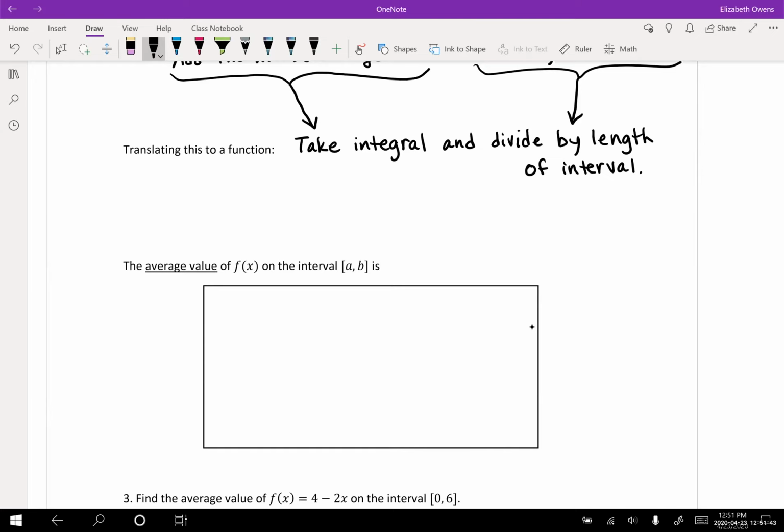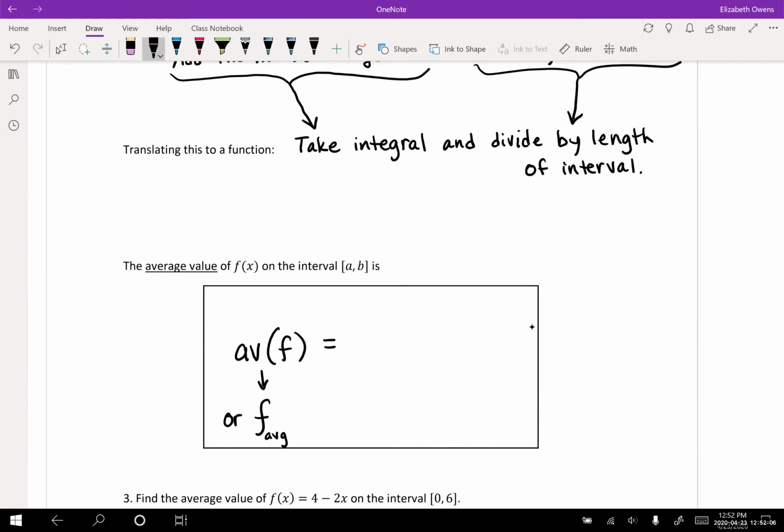I think the one the book uses is like this, AVF. But I've also seen it like f AVG, that way it's like function average. You can use whichever one is most comfortable for you. So that's just notation for average value of f.